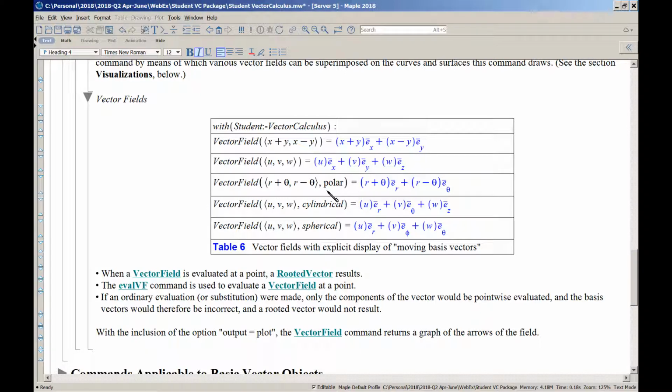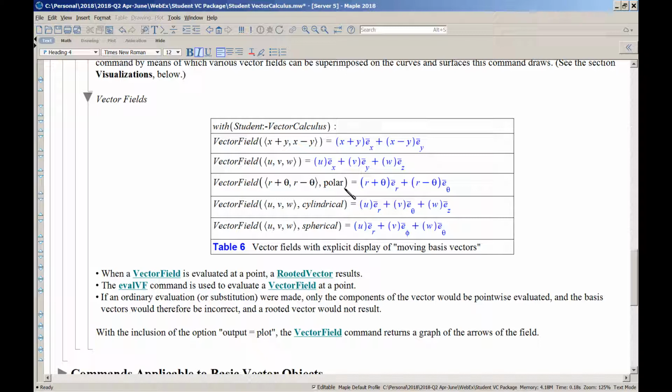Any command that manipulates a vector field has been coded to provide that pointwise dependence of the vector field, of these moving basis vectors.